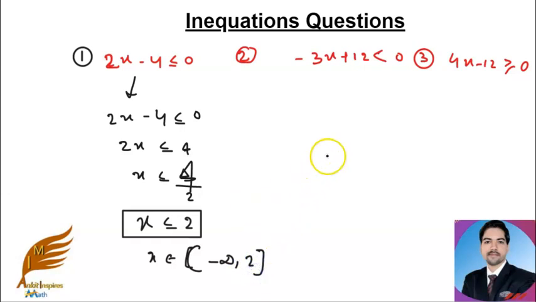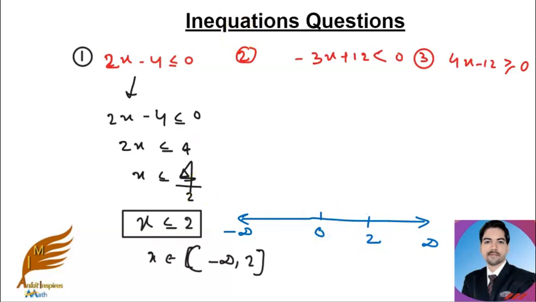If I want to plot this solution on number line or real line, then what happens? So the real line goes from minus infinity to infinity. This is our 0, the origin, and this is 2.